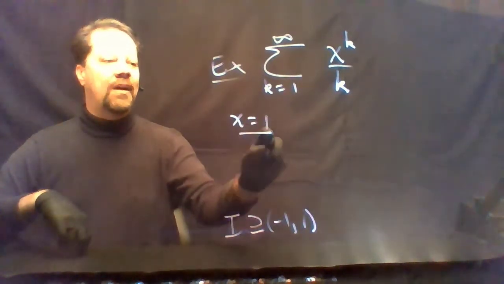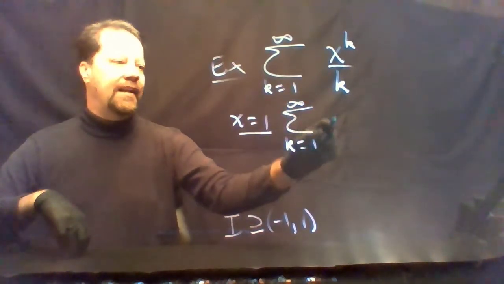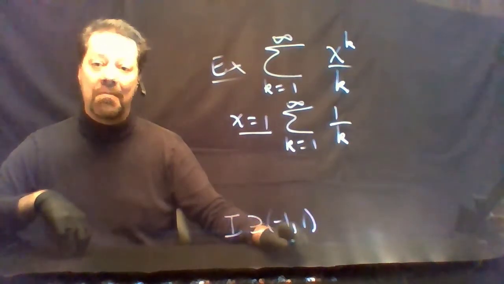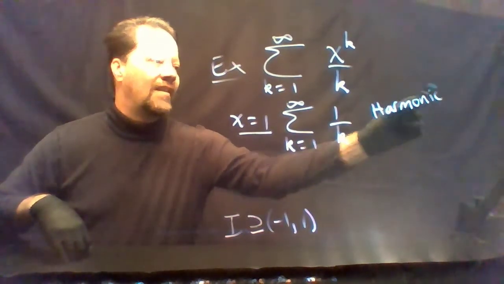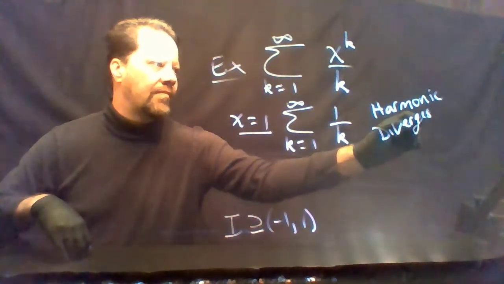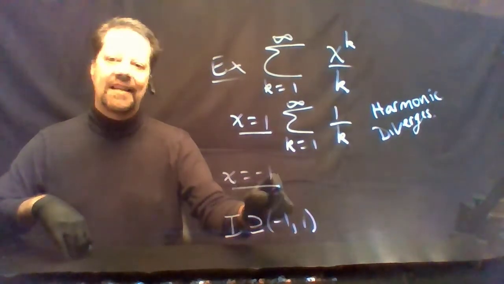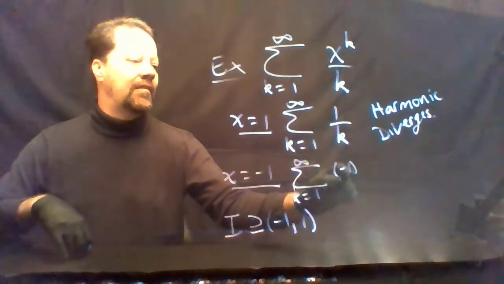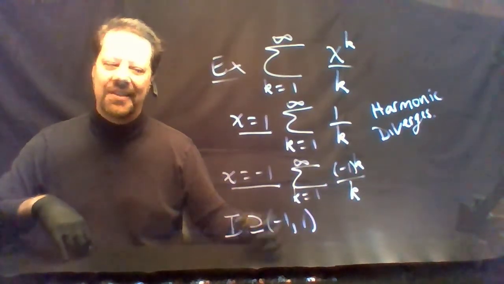At x equals 1, we have the sum, as k goes from 1 to infinity, of 1 over k. That's the famous harmonic series. And the harmonic series famously diverges. At x equals -1, we get the alternating harmonic series.